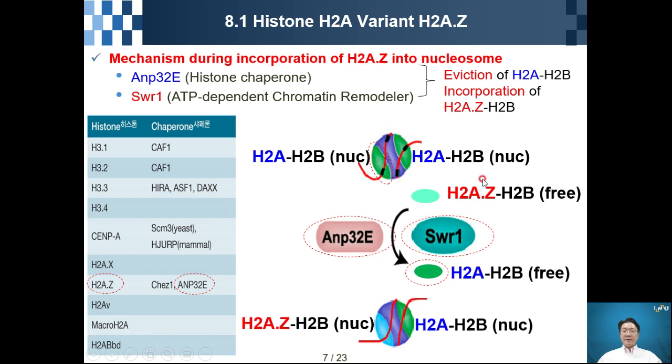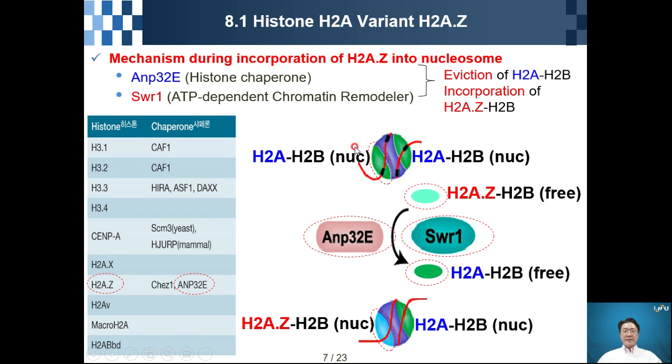After that, incorporation of H2AZ and H2B happens. This is the H2AZ H2B dimer in the cytoplasm, and it is incorporated into the nucleosome.